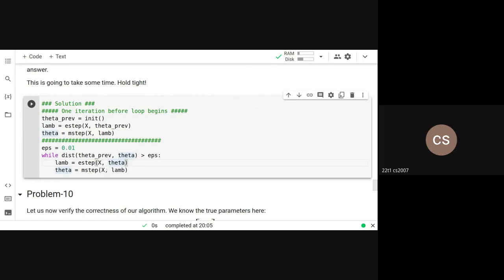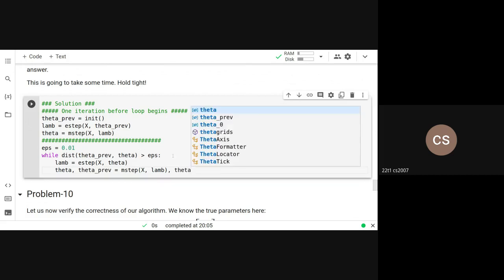This is correct, but I also need to make sure that I don't erase the old value of theta, so I need to do this multiple assignment here. My current value of theta should now become theta previous, and the new value of theta that I compute here should go into theta. It's important that I do this.